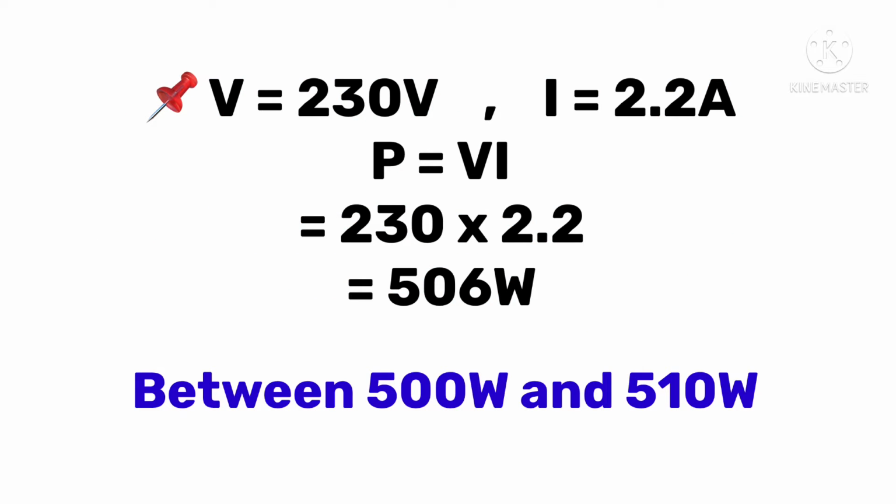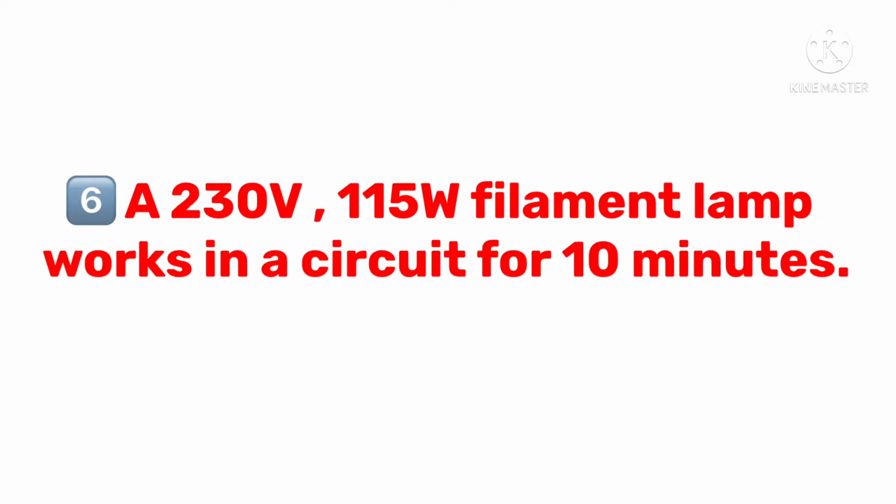So let's check the answer. Here V equal to 230 volt, I equal to 2.2 ampere, and we know that P equal to VI. So it becomes 230 into 2.2, which is equal to 506 watt. So the answer will be between 500 watt and 510 watt.